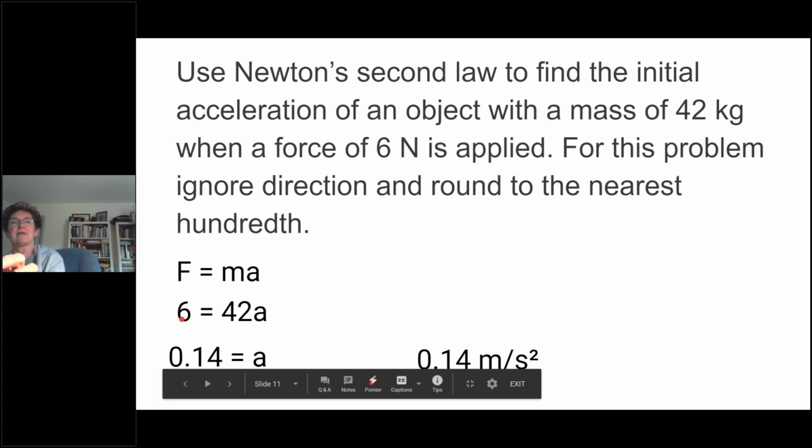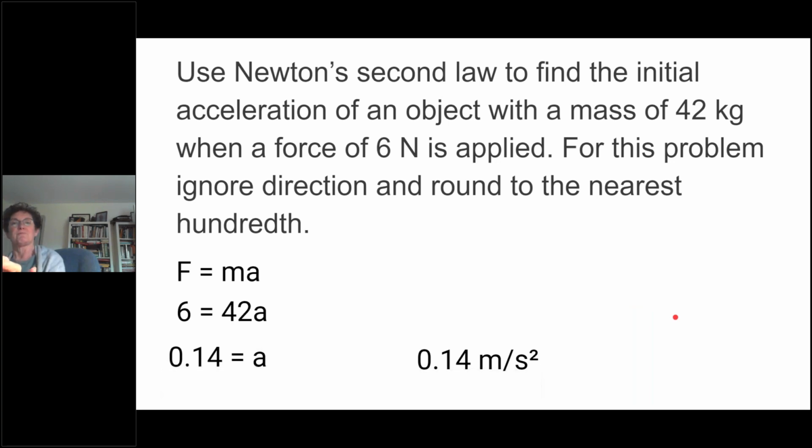And I know if I take a smaller number and divide it by a greater number, my answer will be less than 1. So do not just assume greater number divided by smaller number. Do what the math is telling you to do. Okay, and it did say round to the nearest hundredth, and our answer has 2 places after the decimal point, so we followed that direction.